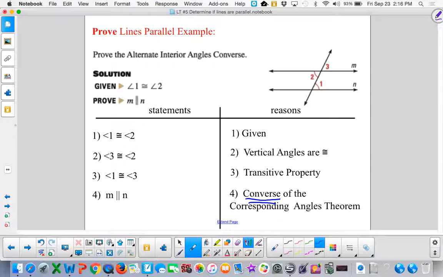Now, converse of, notice up here, these were corresponding. So once I've proven in my steps that corresponding angles congruent, then I can use the converse to say lines parallel. And that's how you would walk through that proof, proving lines parallel.